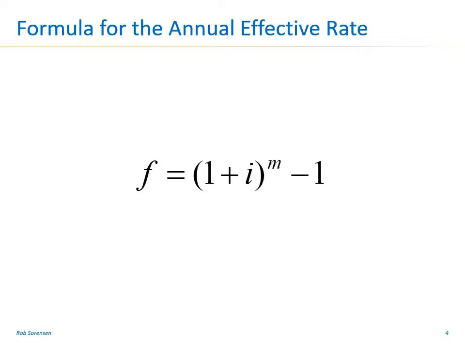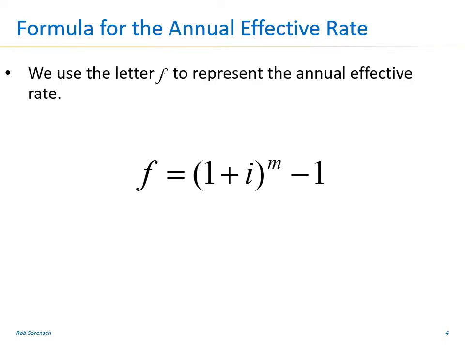We need a formula to help us figure this out, and here it is. We use a kind of a fancy letter F to represent the annual effective rate. You may also just see the abbreviation AER for annual effective rate, one or the other. We'll start with something that looks like our future value formula, but instead of N, I'm going to use M, because I'm interested in 1 year's worth, and M is how many times we compound in a year.